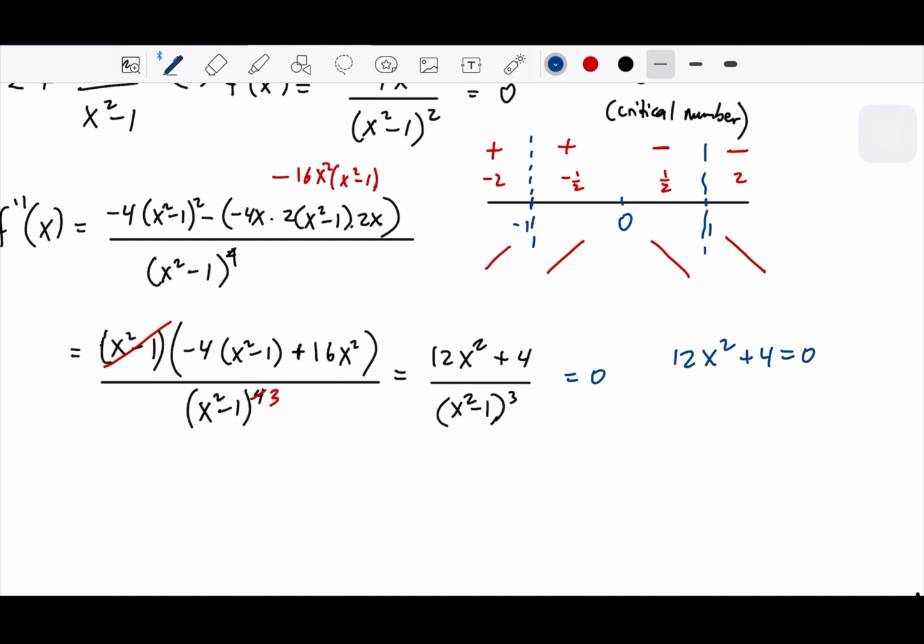Every number that you can take to substitute, this x squared is always positive, right? Because it has squared, right? So let me write it, it's always positive. So this is always positive.